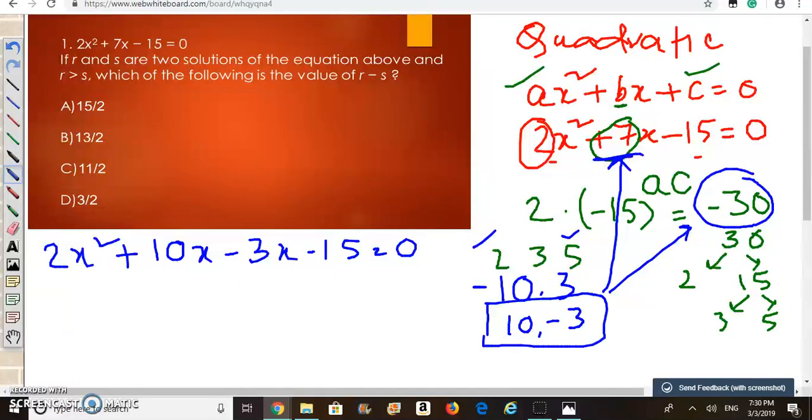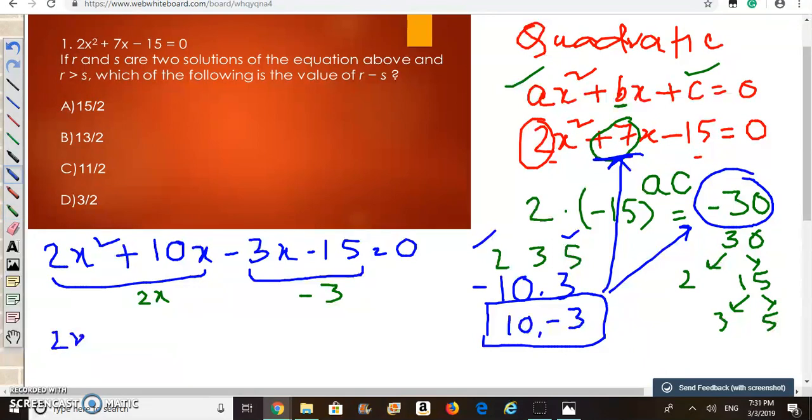Now let us just proceed factoring by grouping. So if we group the first two terms together and the last two terms together, each group has its own GCF or greatest common factor. There is a GCF of 2x here and there is a GCF of negative 3 here. So we can factor this out to obtain the following expression.